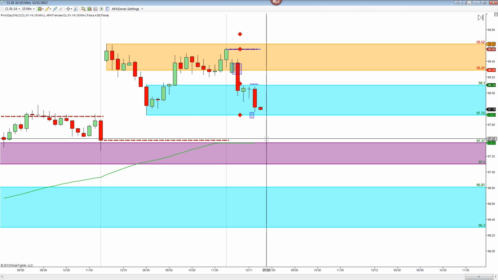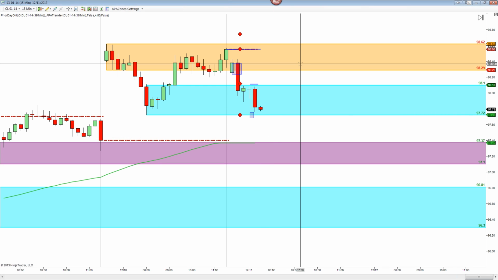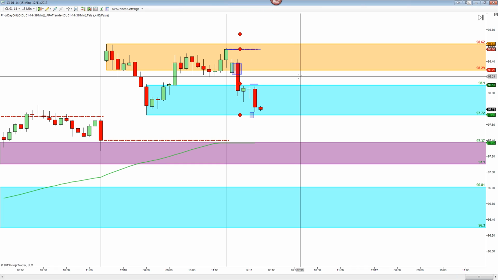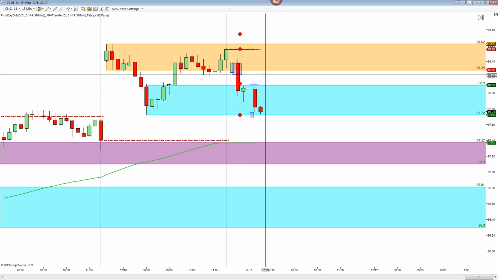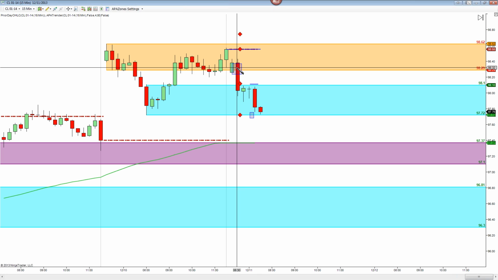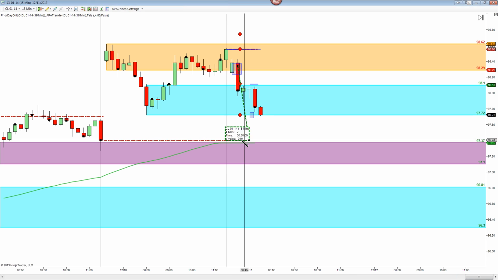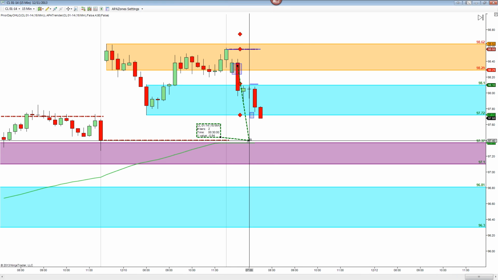Yeah, there's a gap. See, magnets. There's a gap that needs to be closed down at 97.37. But you can tell by that purple, and if you drew broad channel lines on your 15-minute, it's in a broad upward channel, and the bottom of that coincides with that zone and where that open gap is. Ooh, come on, spike down there.